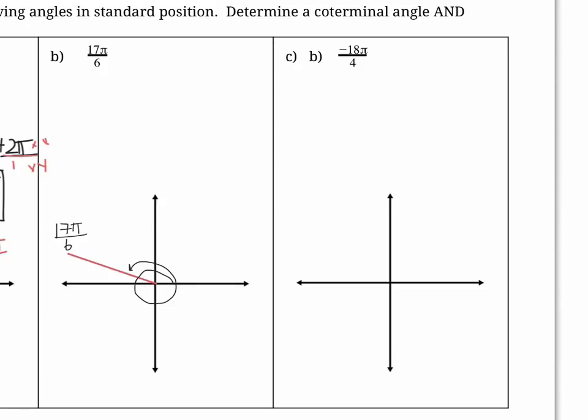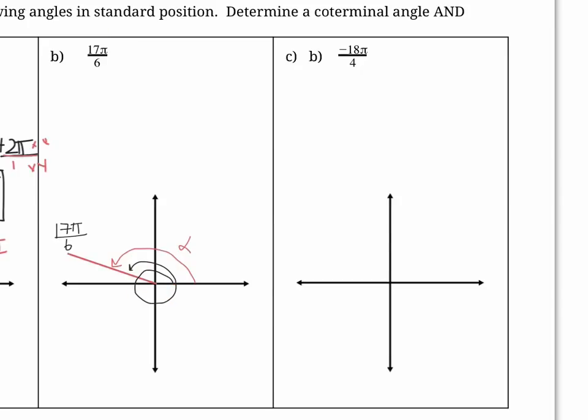So what's our principal angle? Well, the principal angle is going to be from the positive x-axis all the way over to our angle here. So that's going to be our alpha. What's that? Well, that's just a coterminal angle to 17 pi over 6. So instead of going around the circle and then here, how about just directly from the x-axis over to here? That's just going to be taking this angle 17 pi over 6 and subtracting 2 pi.